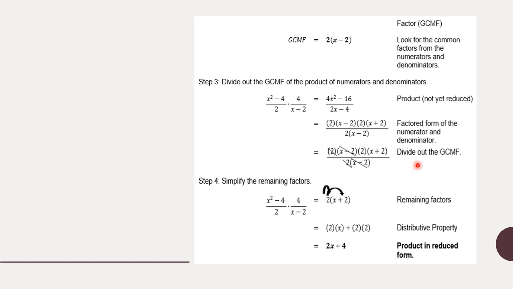Now divide out the GCMF. The GCMF is 2 times x minus 2.